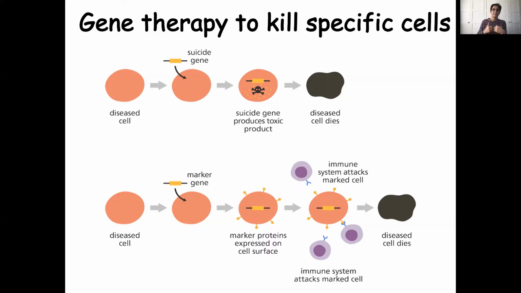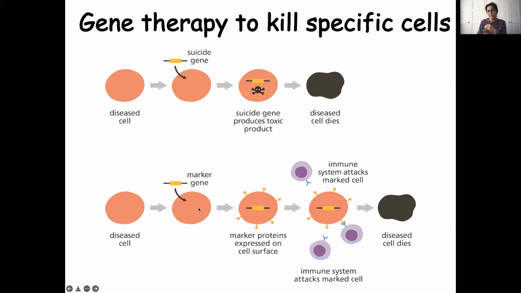Sometimes we want to train our cells to kill one particular type of cell. So we may want one particular type of cell not to exist. But how do we get rid of that? We can put a gene there so that it will start to make that protein that our immune cells can recognize and say, okay, we want to get rid of this cell, and those cells can be removed.